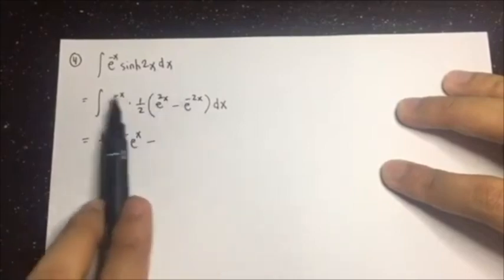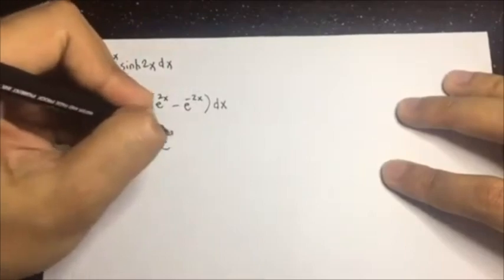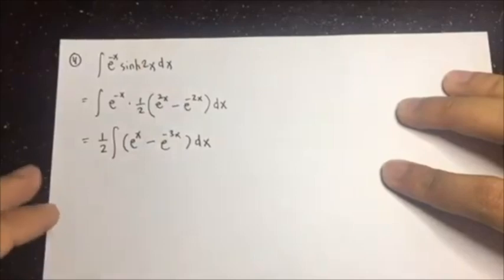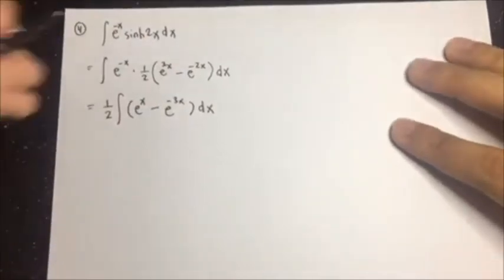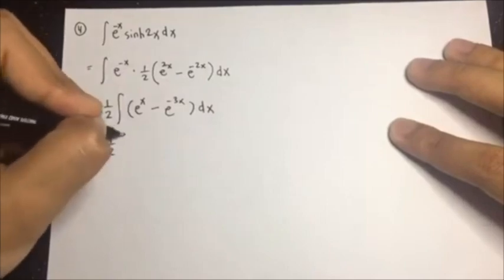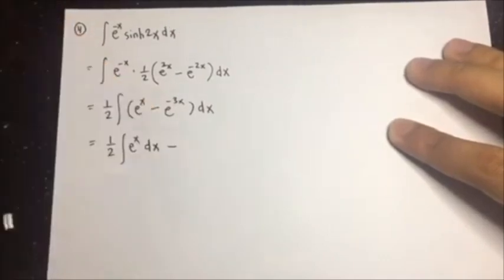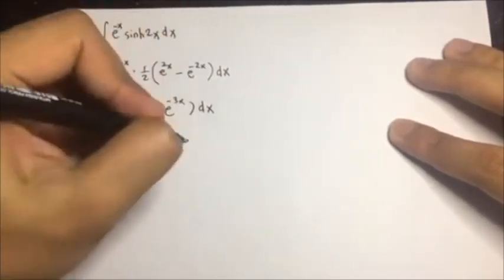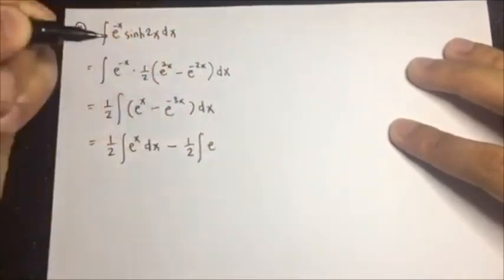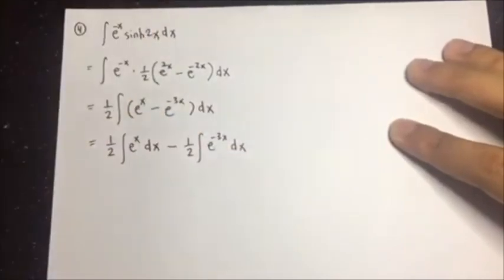Add the exponents, negative x plus negative 2x, so that's e to the negative 3x. Now we can distribute the integral sign, the 1/2 and the dx. So we will have 1/2 integral of e to the x dx minus 1/2 integral of e to the negative 3x dx.